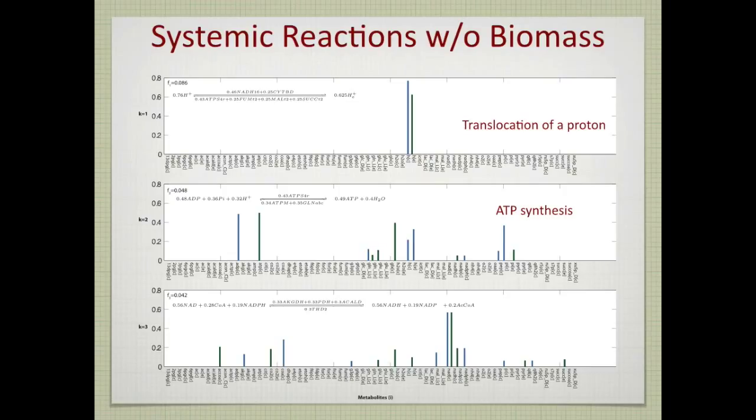And you can go down the list. The third mode focuses on the transhydrogenase that moves redox potential from NADPH to NADH, and it couples with acetylation, the formation of acetyl-CoA, the use of acetyl-CoA.